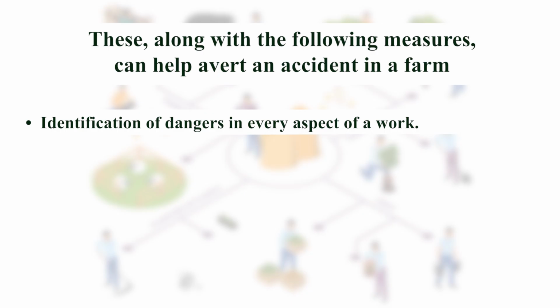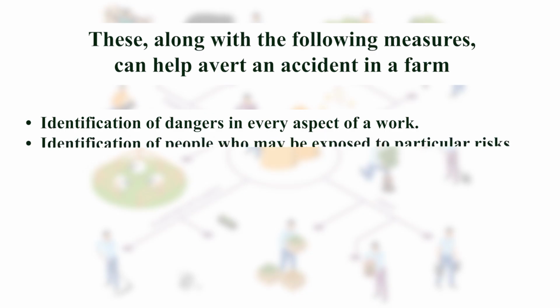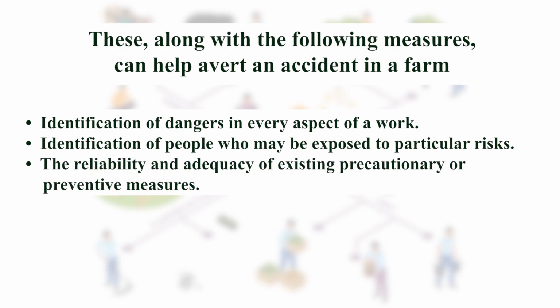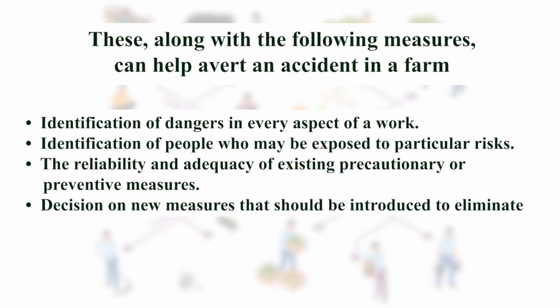Identification of dangers in every aspect of work. Identification of people who may be exposed to particular risks. The reliability and adequacy of existing precautionary or preventive measures. Decision on new measures that should be introduced to eliminate or reduce risks.